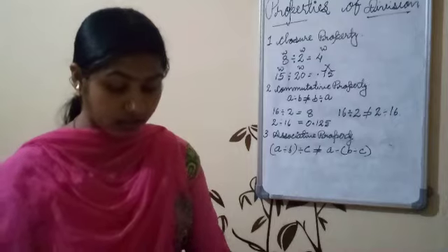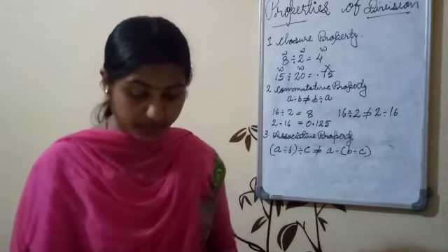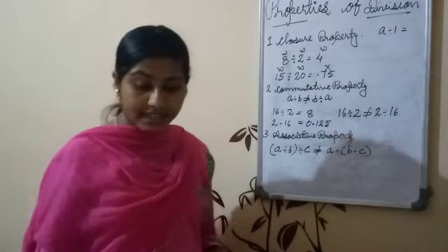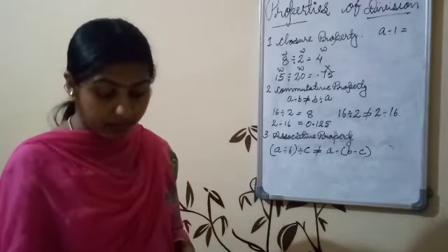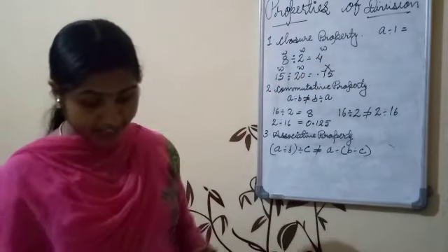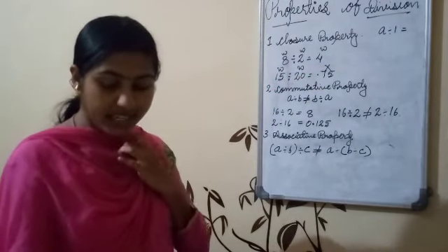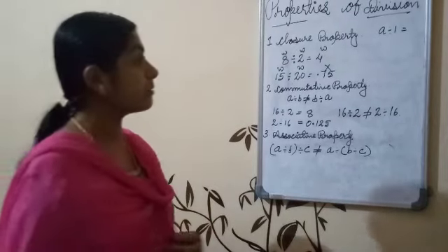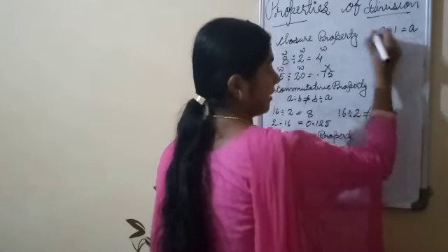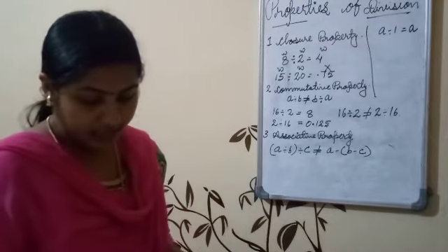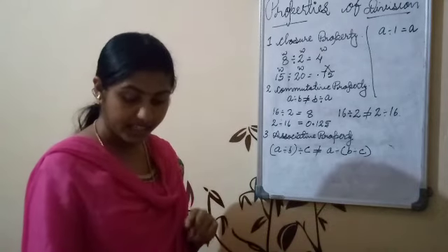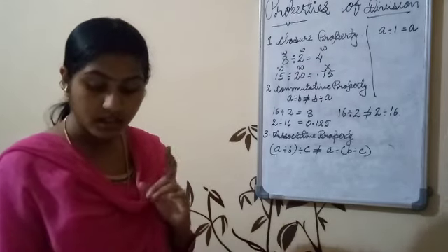Then some special properties of division. A divided by 1: whenever a whole number is divided by 1, the quotient is the same whole number. That means A divided by 1 equal to A. Then whenever a non-zero whole number is divided by itself, the quotient is 1.